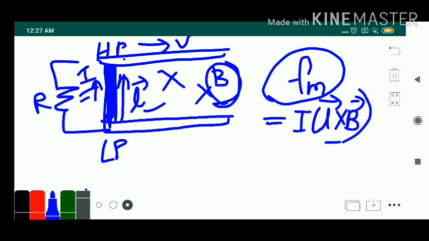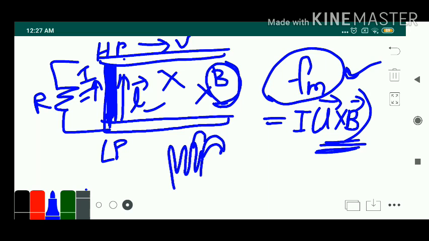Again, it is a cross product. This force depends upon the direction of L cross B. L cross B means take your fingers in such a way that they are all pointing in L direction. Turn your fingers in B direction, which means all the fingers have to be downward. The thumb gives you the direction of force. You guys can find it very easily.